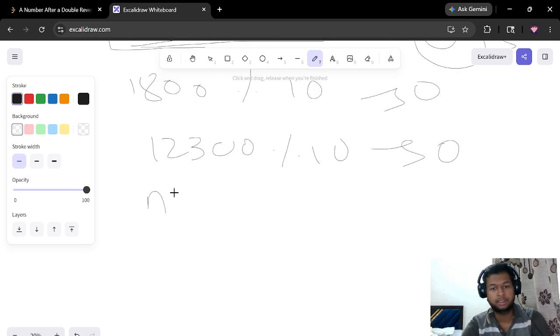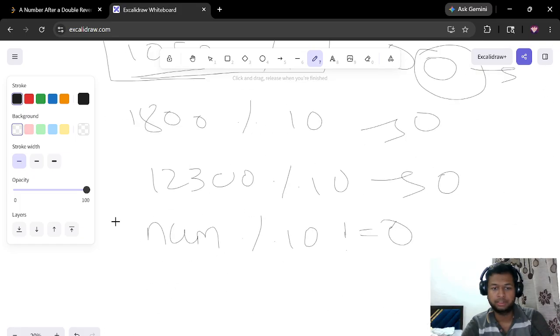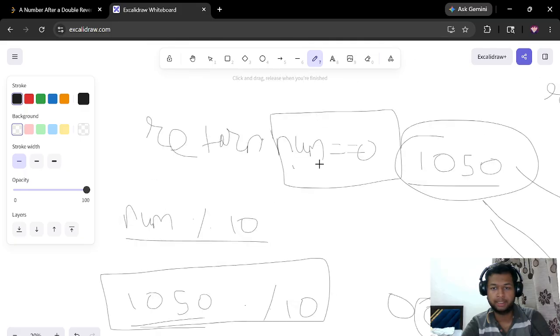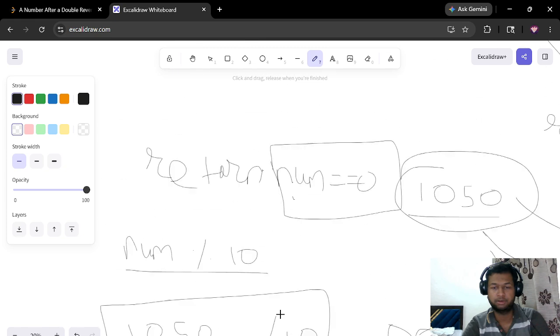So what I can tell is, if a number is divisible by 10, it is returning false. So in the condition, we will write num modulus 10 not equals to 0. What this is saying is that our particular number is not divisible by 10, and another condition was num is equal to 0. We will use or, not and, because if any one of the conditions matches, we will return true.